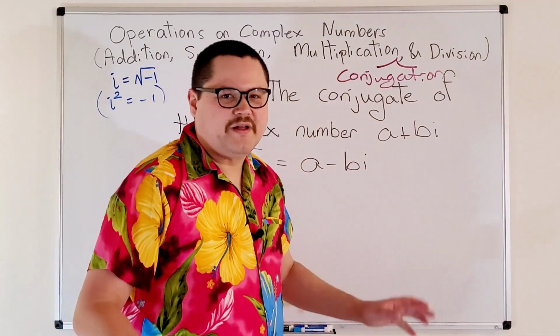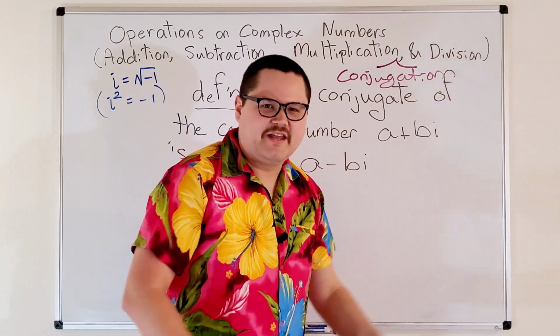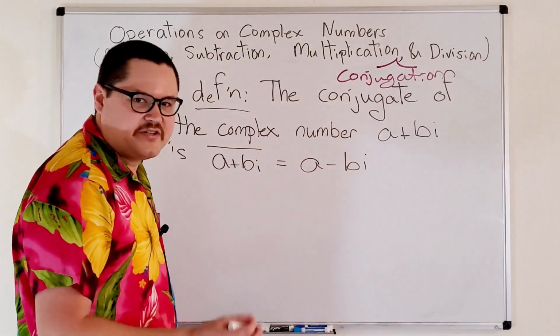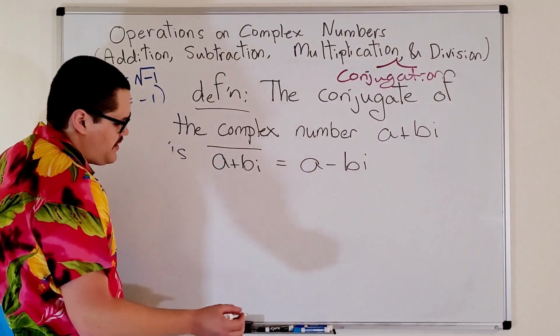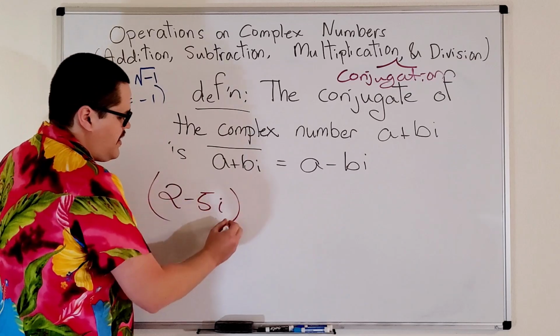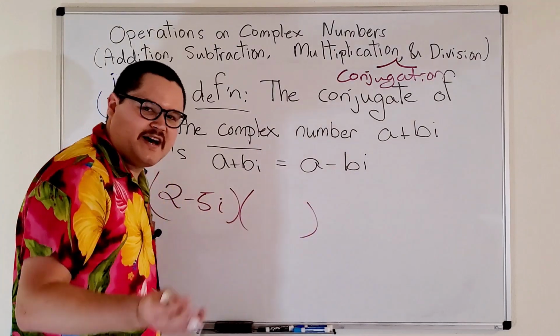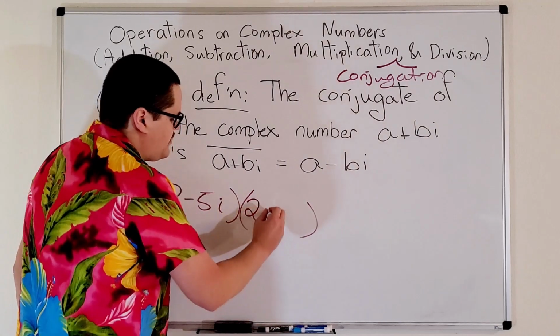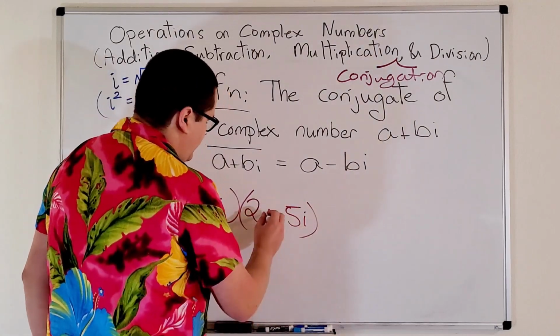Whenever you multiply a complex number by its conjugate, you get a non-negative real number. Let me show you. Let's say we take 2 minus 5i, and we multiply by its complex conjugate, which we know is 2 plus 5i. We just flip the sign of the imaginary part.